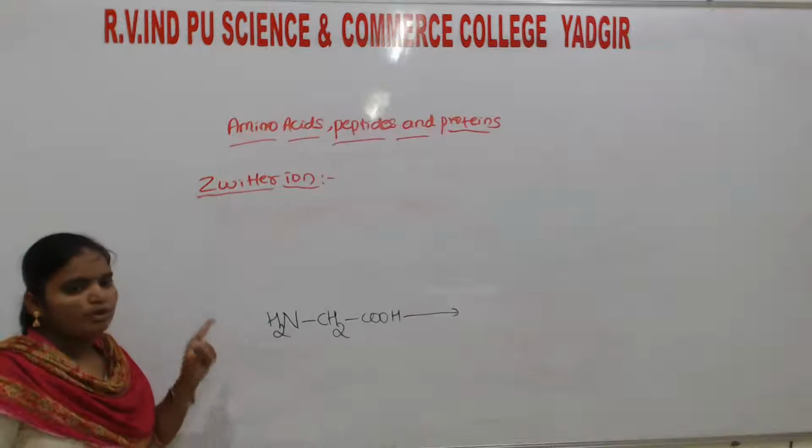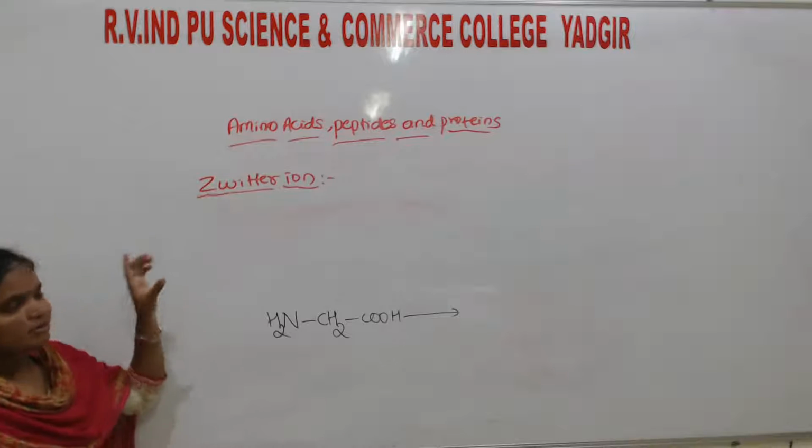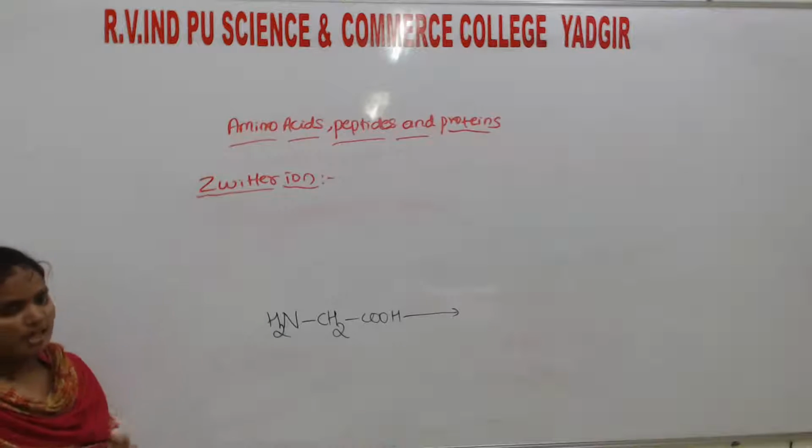The presence of both positive as well as negative charge in an amino acid is known as a Zwitter ion.